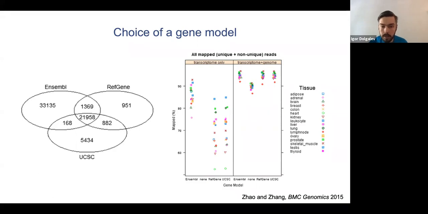It's a harder question. If you look at here, they looked at the different tissues and their mapping percentage to the transcriptome. Here they break it up into the three different versions. And of course, the number of mapped reads varies quite significantly. Here, for example, this red dot is over 80% for Ensembl, but drops by quite a bit for RefSeq, by about 20 points, 20%.